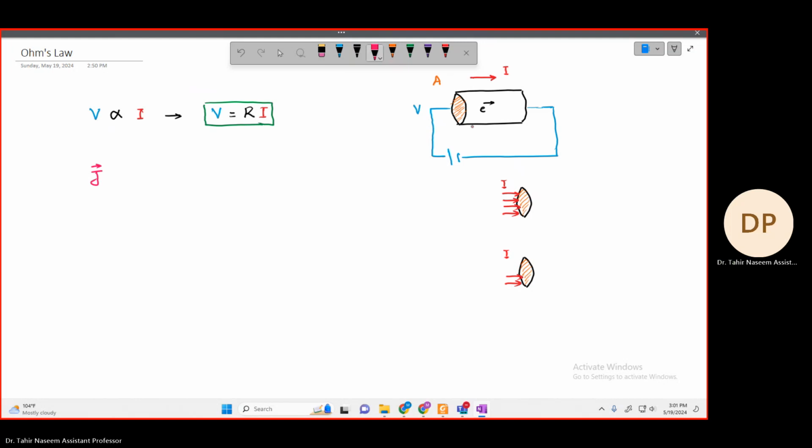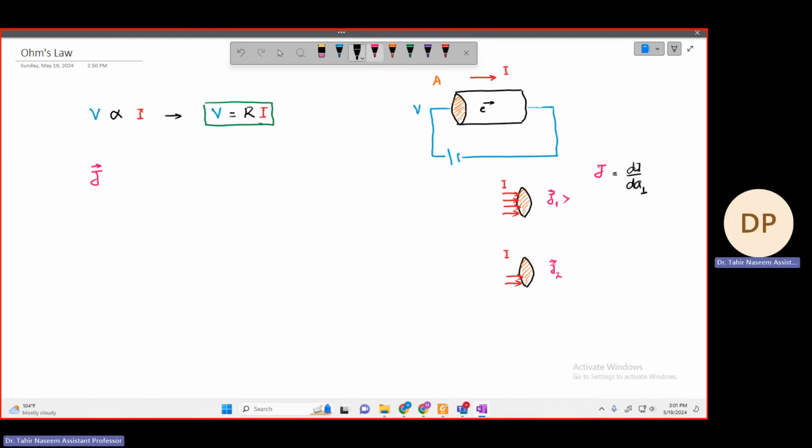Then the current density in this case, J1, will be greater than the current density in this case, J2, right? So the definition of current density is current per unit area which is perpendicular to the flow of current.